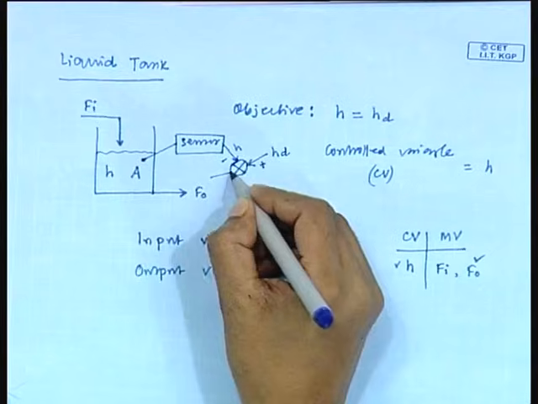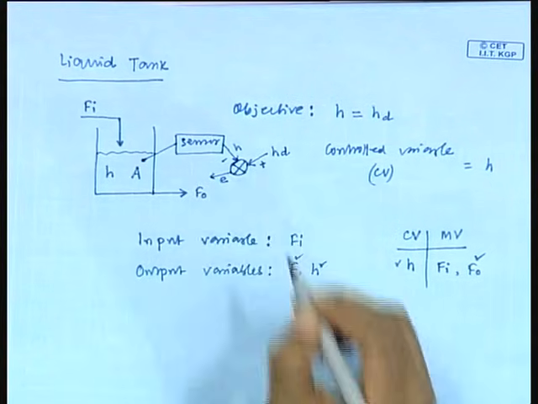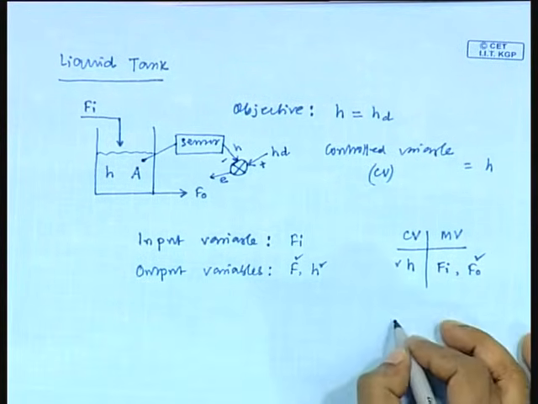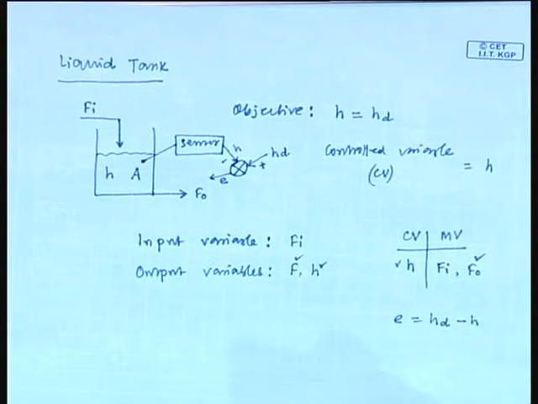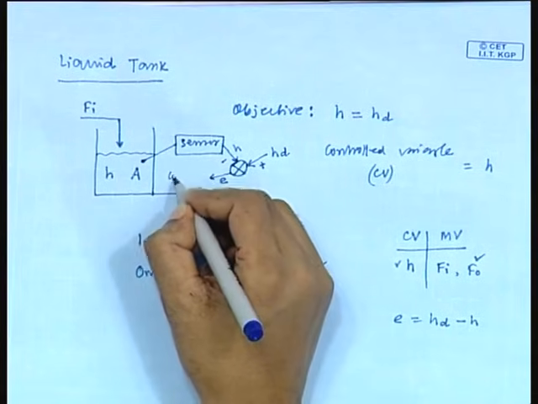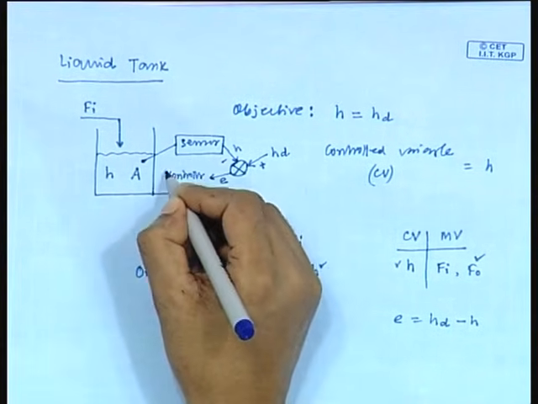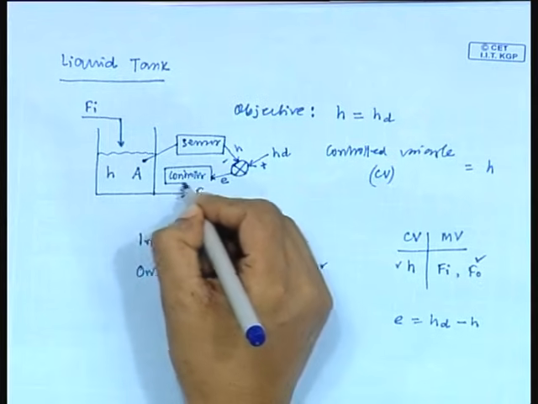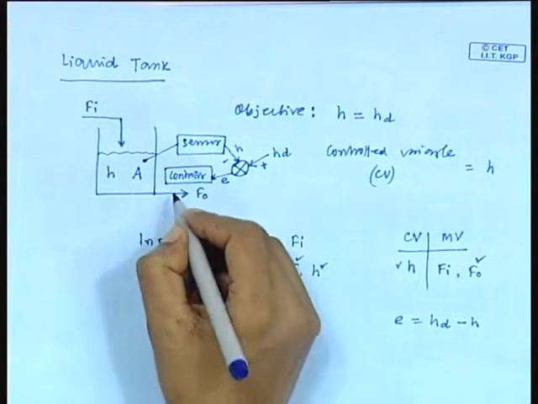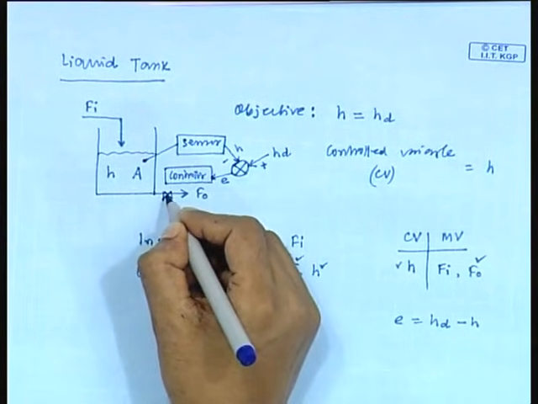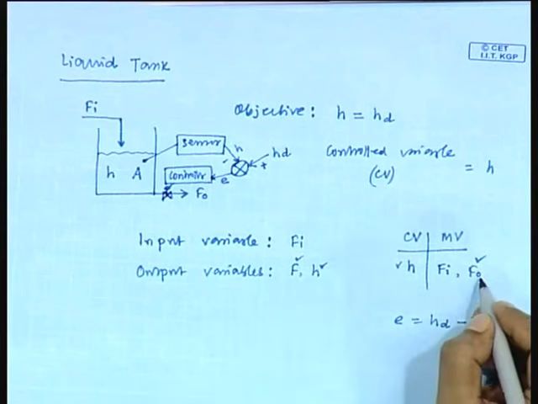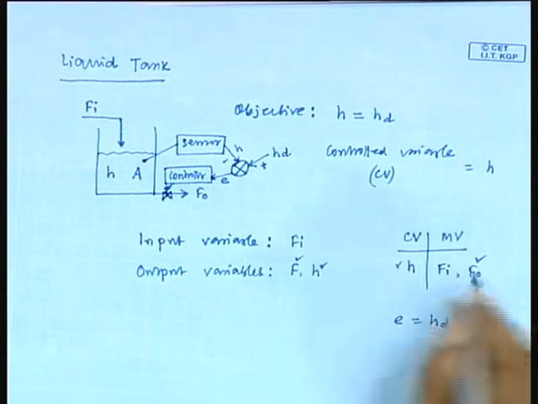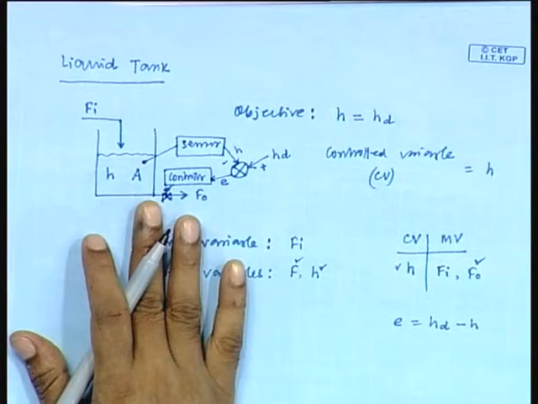Now, the output of this comparator is error. Error is basically desired height minus height. Then this error signal goes to the controller and this control action is implemented here. This is a control valve. So, F naught is the manipulated variable in this control configuration.